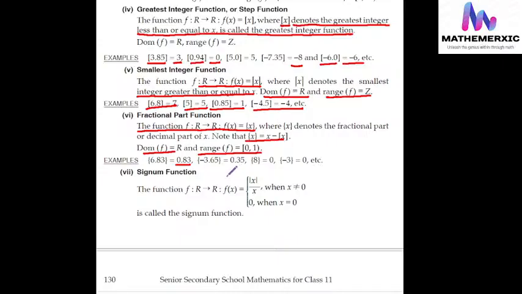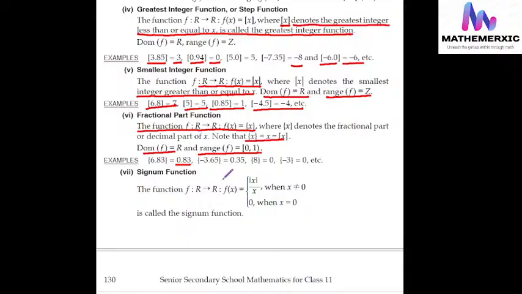That's why there's a positive 0.35. Because the greatest integer function every time tells us to go for less than or equal to x, so the value less than it is minus 4 in this case.